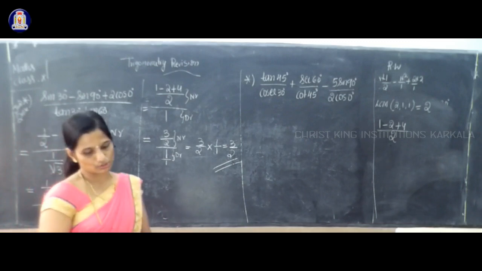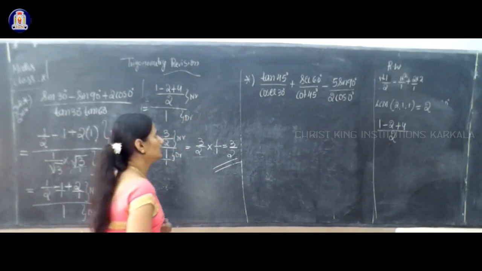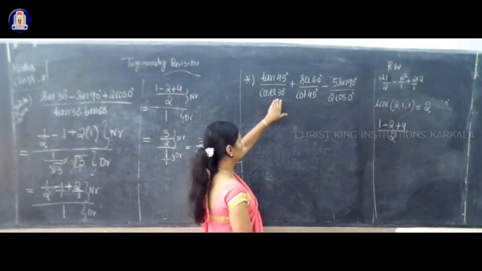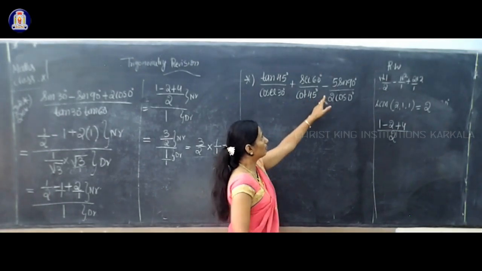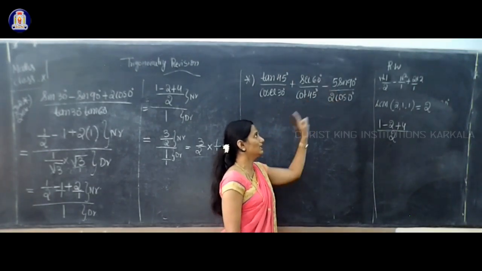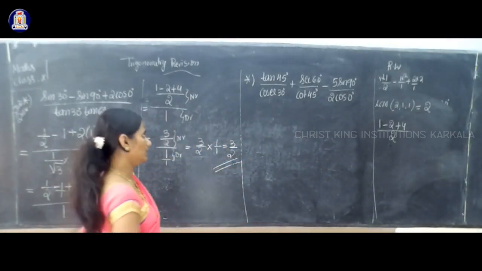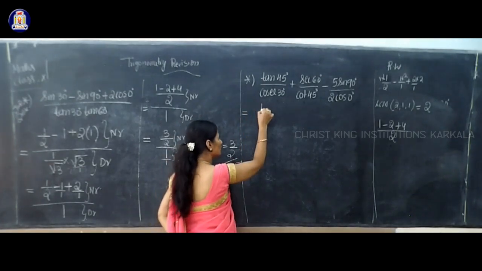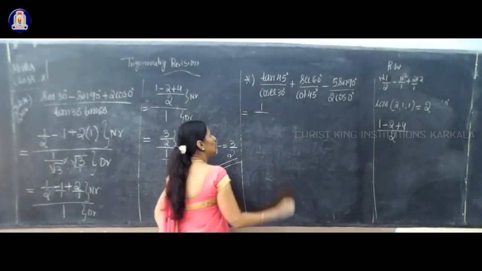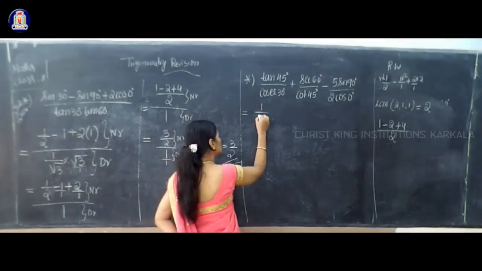Now next question: tan 45° cosec 30° + sec 60° cot 45° − 5 sin 90° divided by 2 cos 0°. Yes, substitute. Tan 45 degree is 1. Cosecant 30 degree is 2.